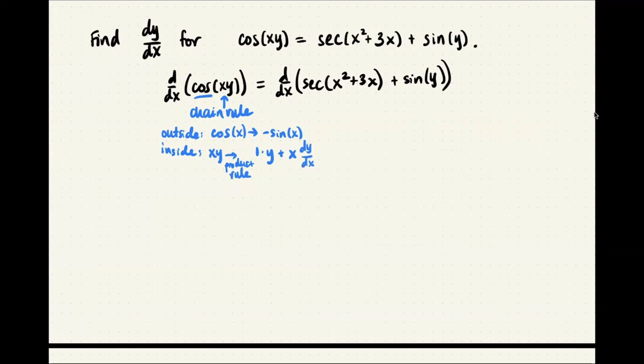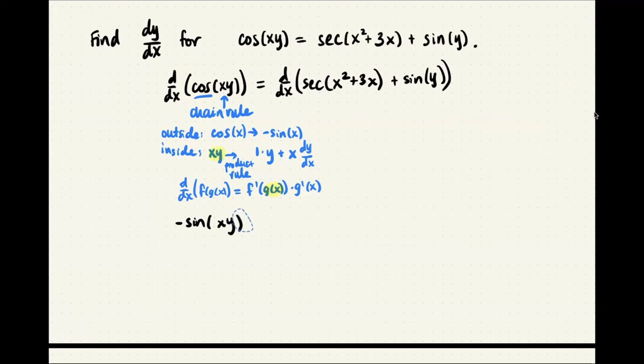Okay, so let's put this all together. We're applying the chain rule. Remember, the chain rule says if I'm taking the derivative of f of g of x, I write the derivative of f evaluated at the inside function times the derivative of the inside function. So the derivative of the outside function was negative sine x, but instead of x, I need to evaluate it at the inside function, which here is xy.